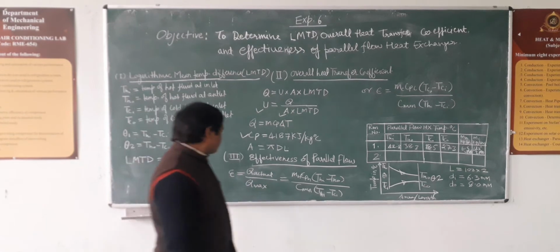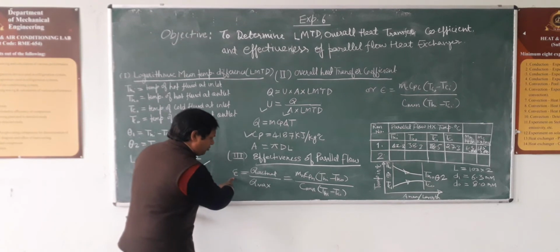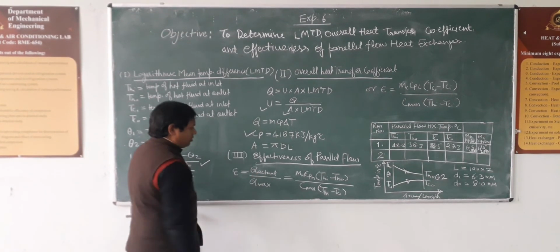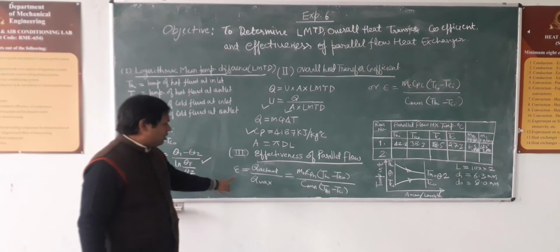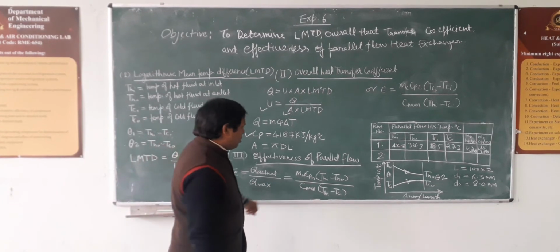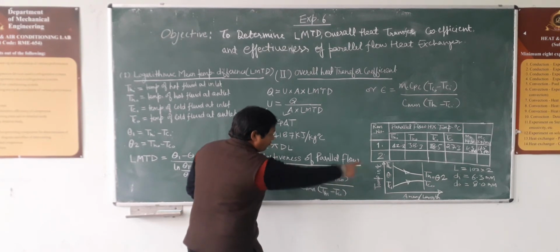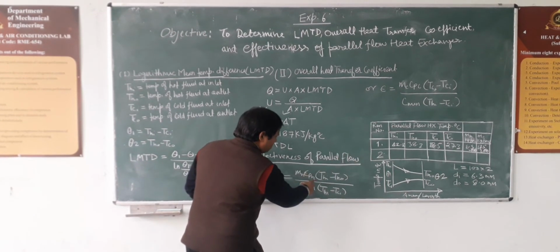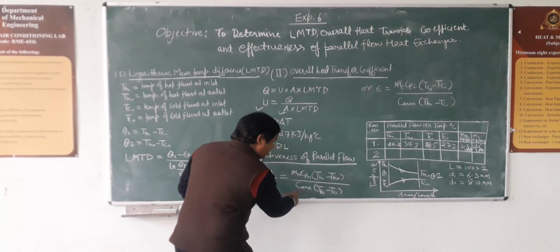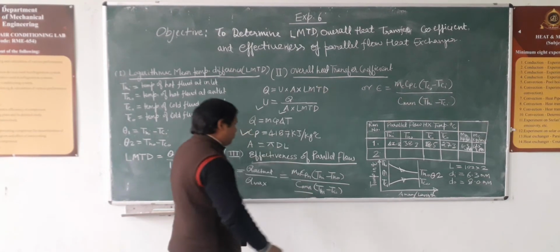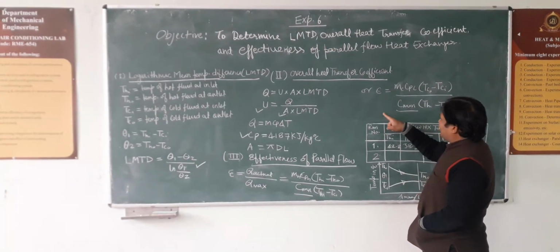Now how will you calculate the effectiveness of the heat exchanger? All of you know Q actual upon Q max will give the effectiveness of the heat exchanger. So you will put here m dot h, which you can get from the table, and Cph is given, and THI minus TC naught is known, and C minimum is the value of the minimum heat capacity rate.